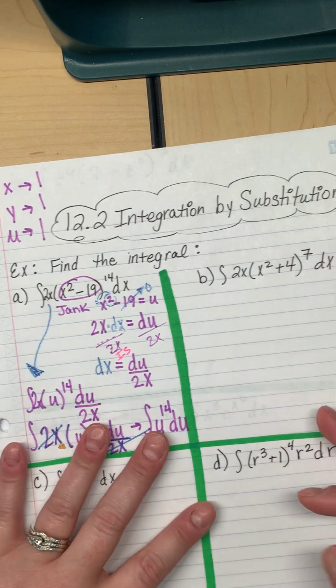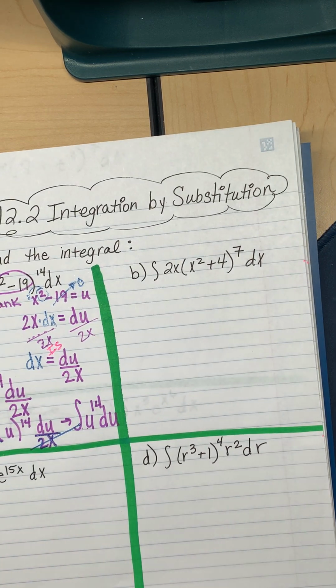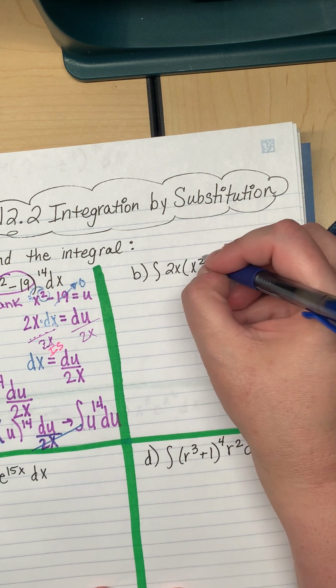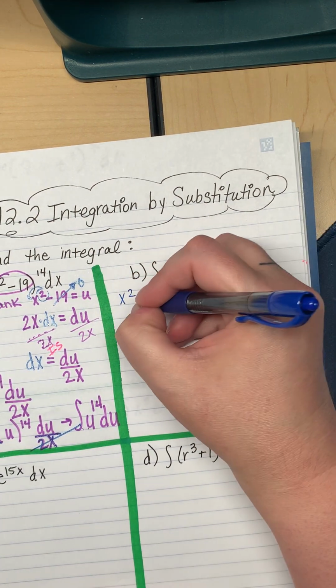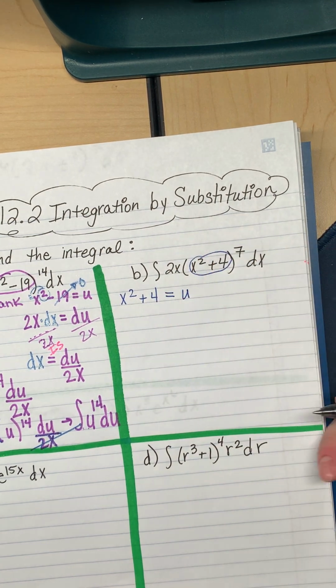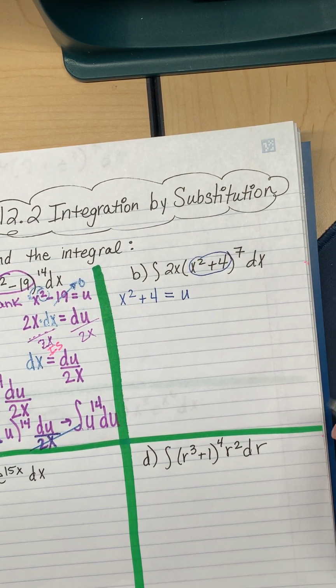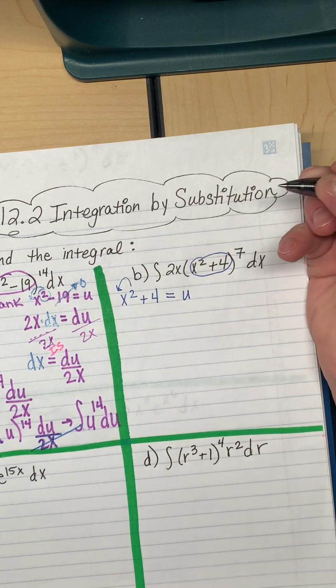Let's do part B. Okay, first, we're going to look for our jankiness. Our jankiness is x squared plus 4. Okay, I'll try and be cleaner. X squared plus 4. And I'm going to say that's the letter u. Then I'm going to take the derivative, where you take the exponent and you bring it down in front.